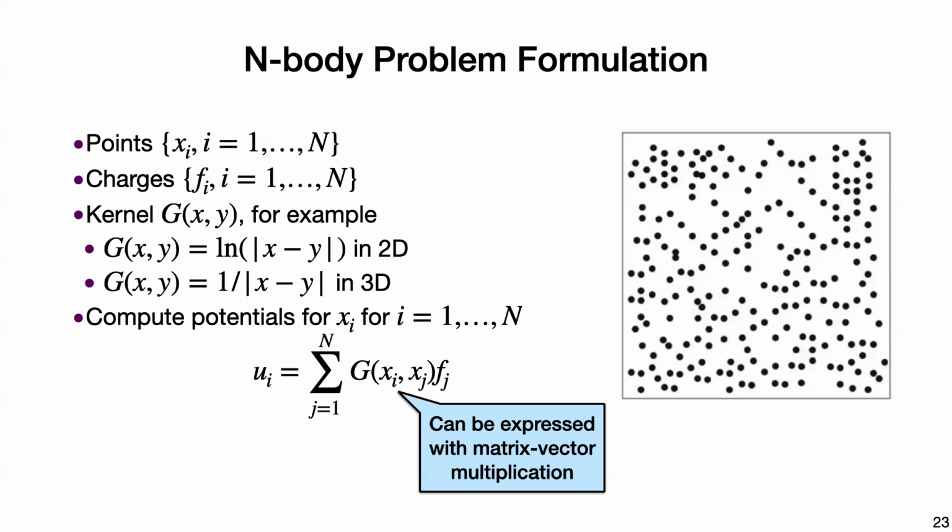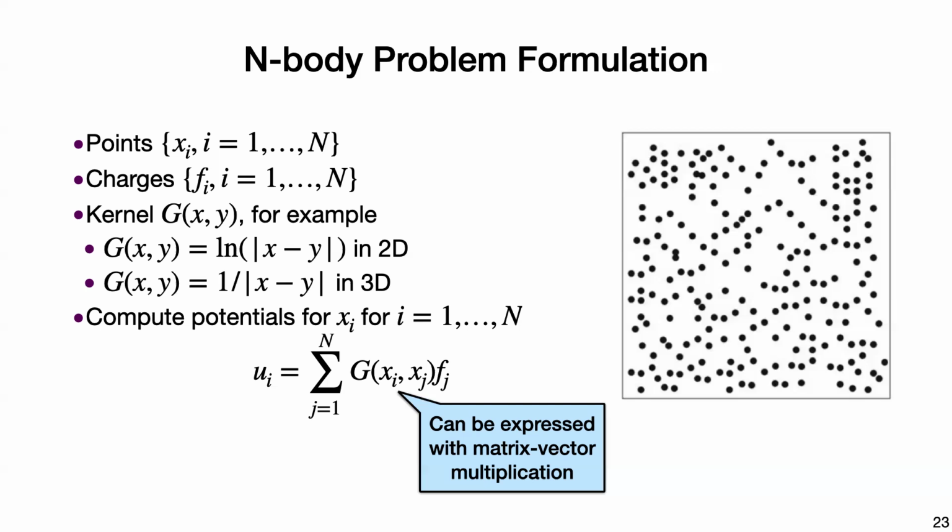The naive way to do this, like I said, is for every point you compute the force between i and j, where f sub j is the source affecting you, and then you sum them all up.